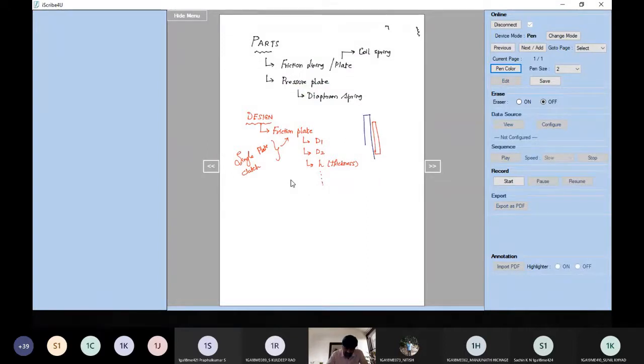So I have a flywheel, I have a friction plate. Now on the other side I have a pressure plate which I am going to apply. So try to understand, I have only one frictional plate. So this concept is called a single plate clutch.